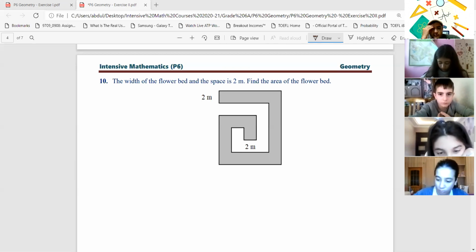The width of the flower bed. Flower bed means flower garden, and the space is 2 meters. Find the area of the flower bed. Okay, 43 seconds more. After that, we will discuss together.